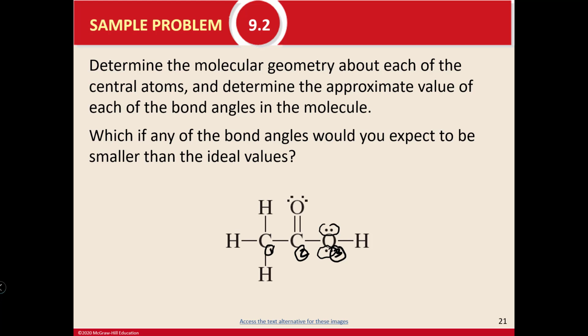All right, welcome back. So first thing you do is you look at that carbon. You go, oh yeah, I've seen this a number of times. It's AX4. It's four bonding pairs: 1, 2, 3, 4. They're all bonding pairs, and the molecular geometry and the electron domain geometry are the same, and it's tetrahedral.